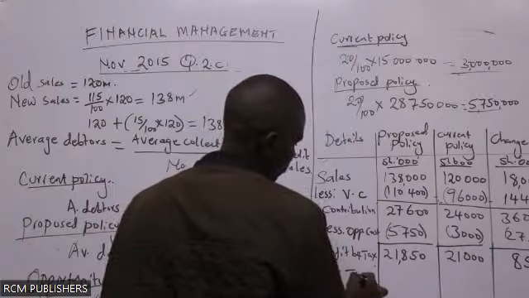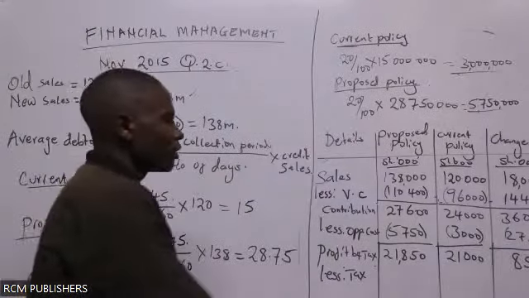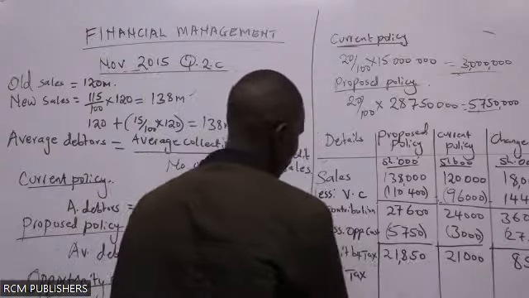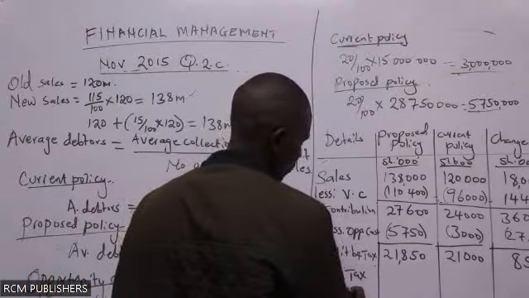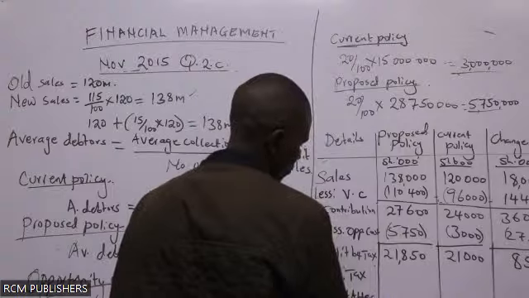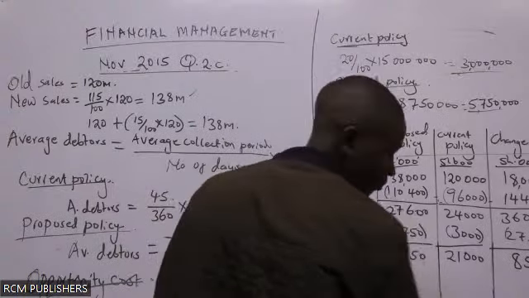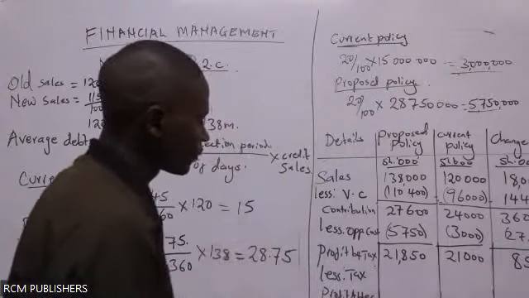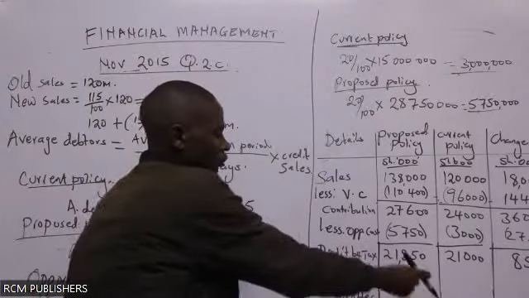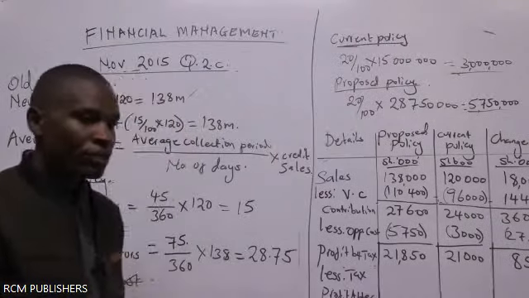You are told that the corporate tax rate is 30%. Give me 30% of this so that we get profit after tax. Okay, give me the tax for the proposed policy. Tax 30% of 21,850. 30% of 21,850 ni ngapi?